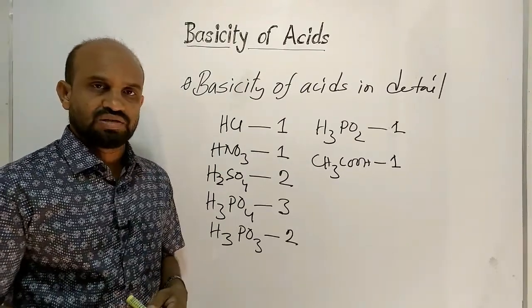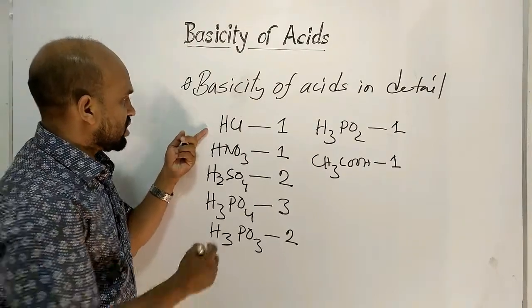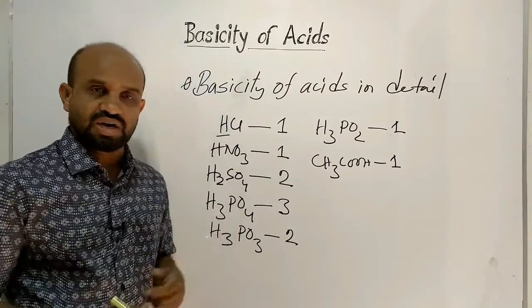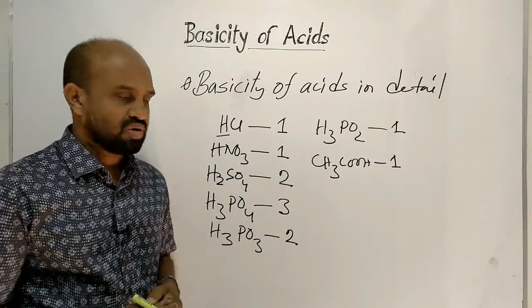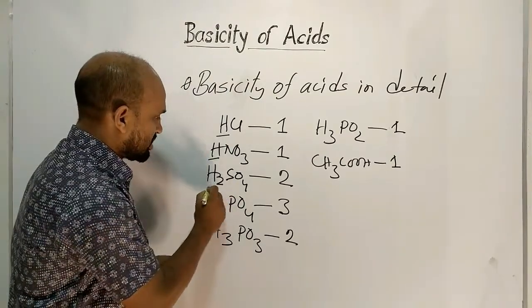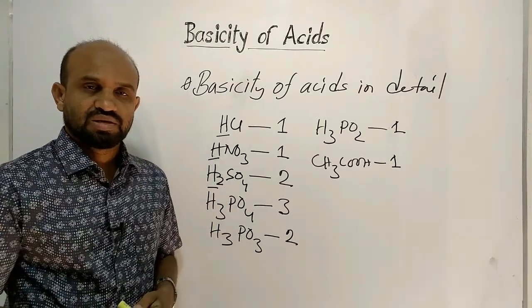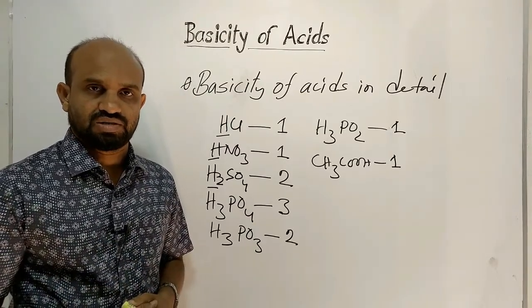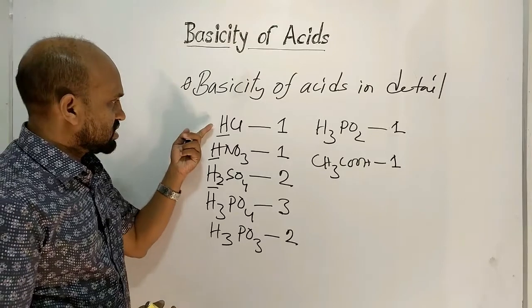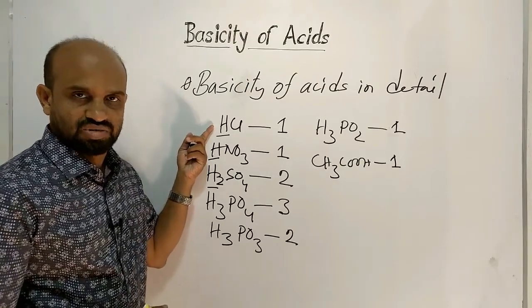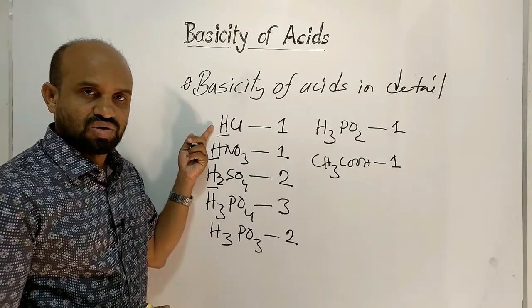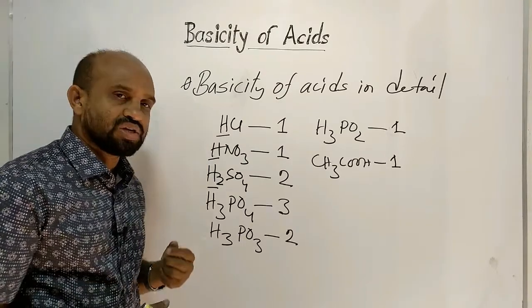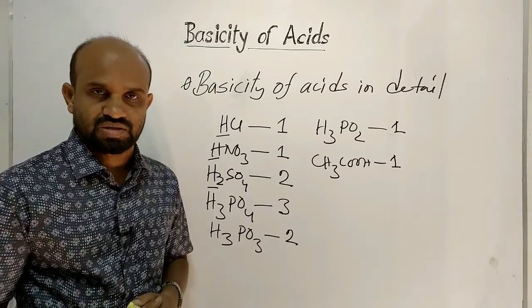The definition is the number of ionizable hydrogen atoms or replaceable hydrogen atoms by a base is called the basicity of the particular acid. That means the number of ionizable hydrogen atoms or the number of replaceable hydrogen atoms by a base.